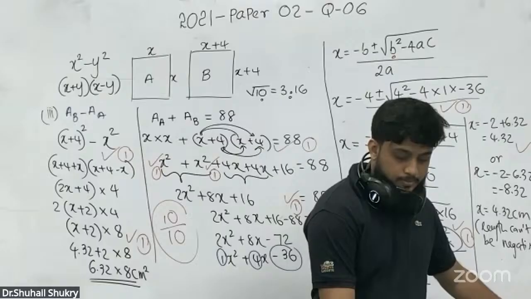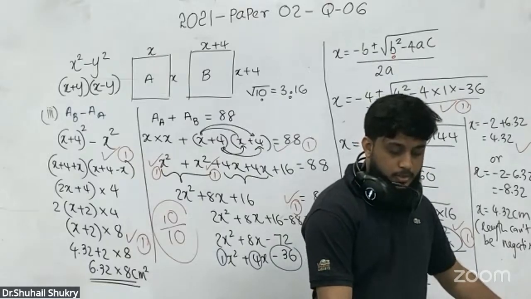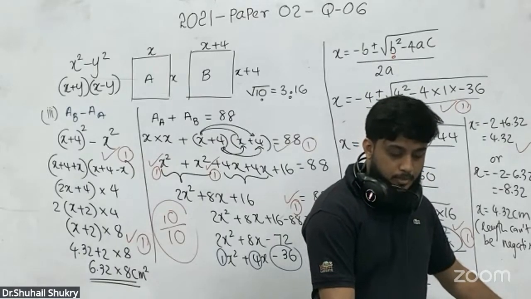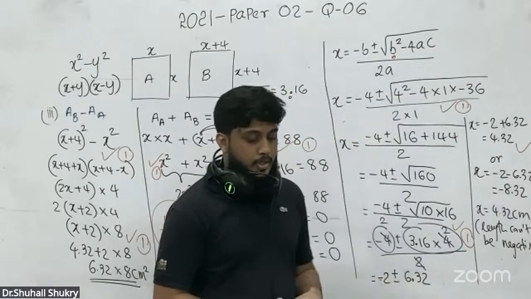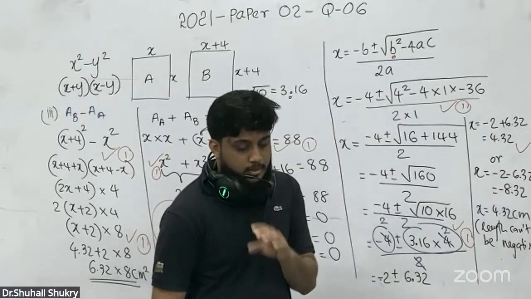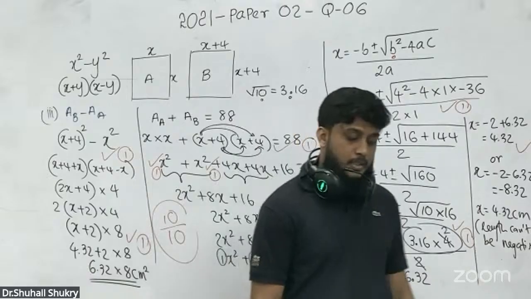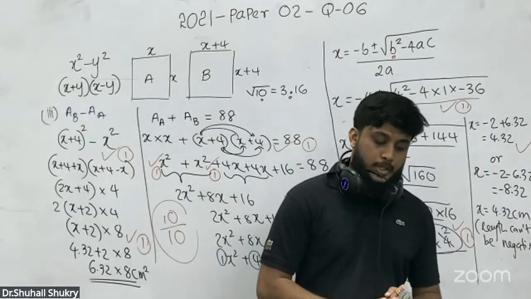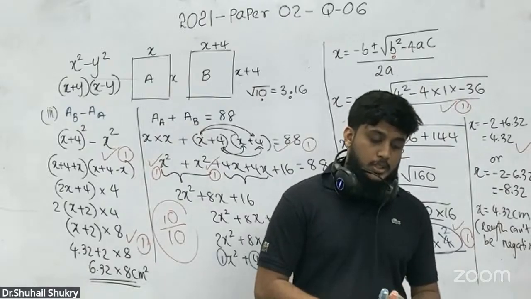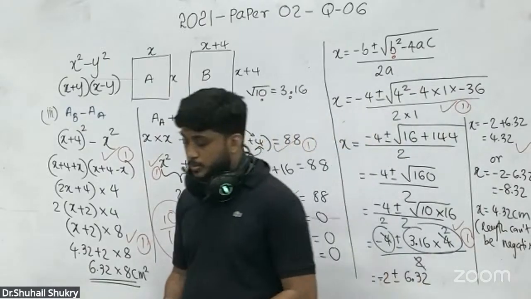Seventh one. As shown in the figure, a tap and 18 flowering bushes are located such that they are collinear. The distance from the tap to the first flowering bush is 5 meters, and the distance between every two consecutive flowering bushes is 2 meters. Right.